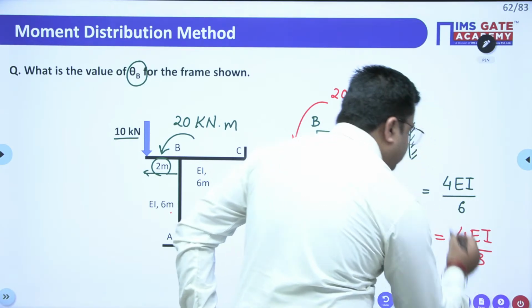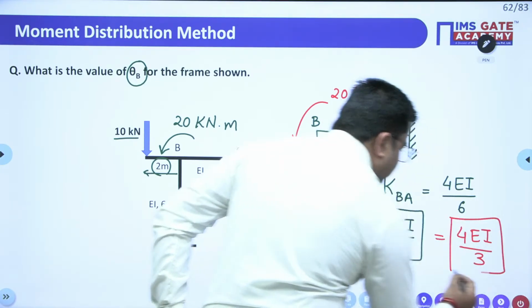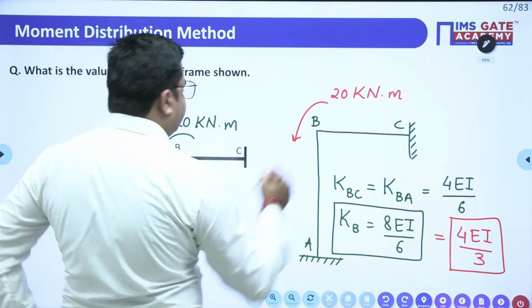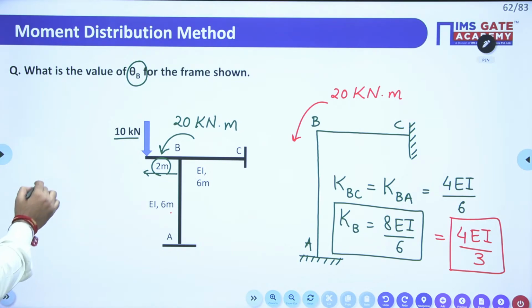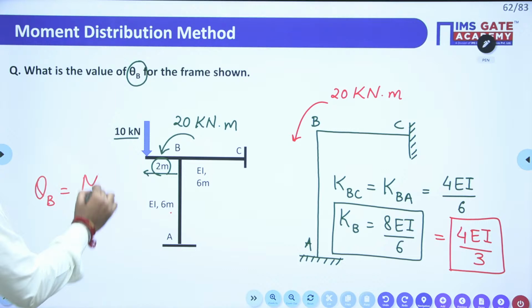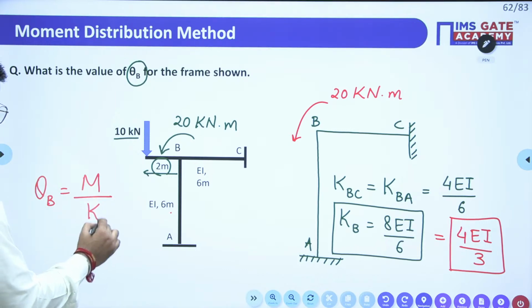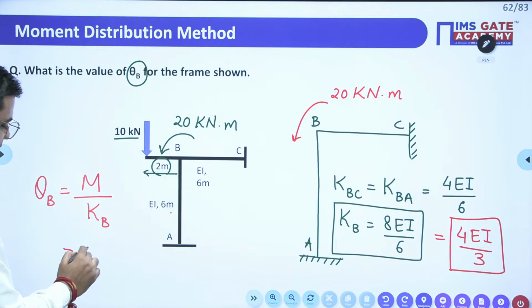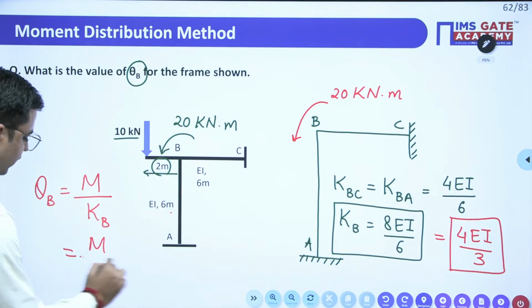So this is my stiffness of the joint. Once I have the stiffness of the joint, the rotation theta B is nothing but the moment divided by the stiffness of joint B. So theta B equals M upon 4 EI by 3.